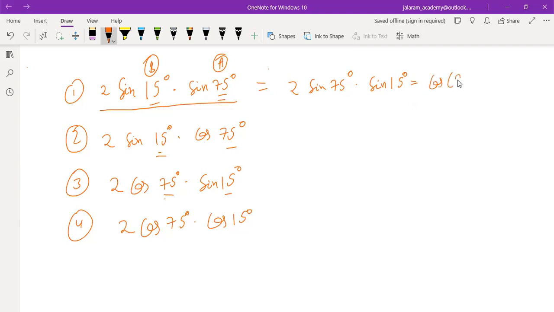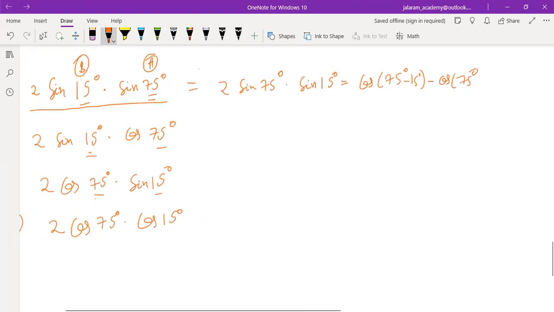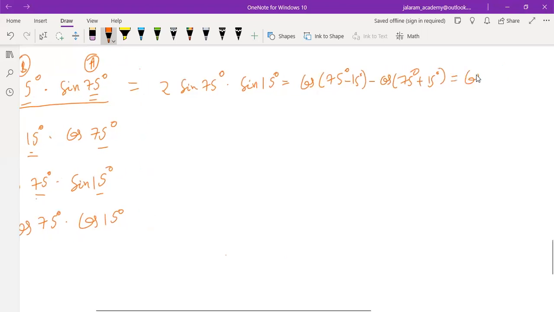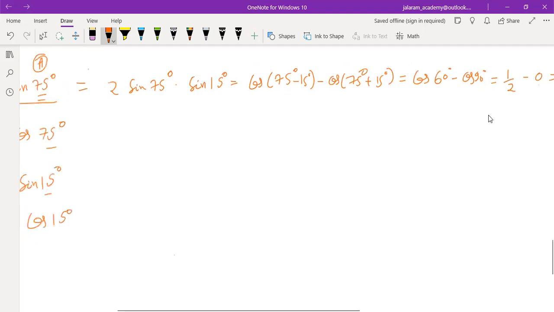It is cos A minus B minus cos A plus B. Cos A minus B is cos of 75 minus 15, which is 60 degree, minus cos 90 degree. The value of cos 60 degree is half and cos 90 degree is 0. So the final answer is half.